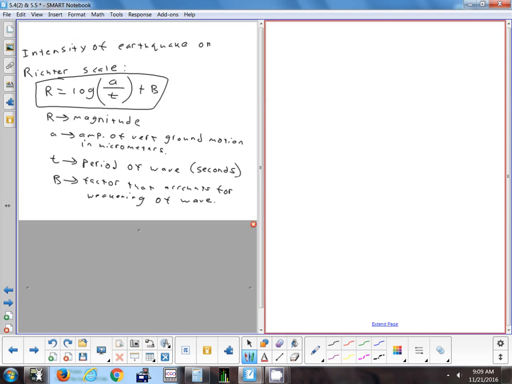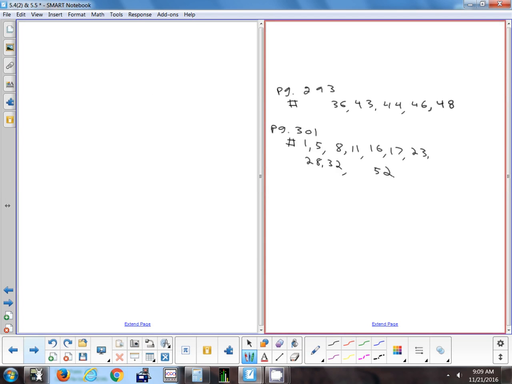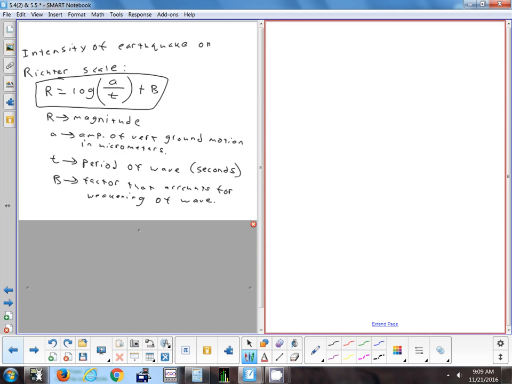And a problem you might see, like number 52 in the homework. I'm just going to put it up and show you how you'd have to do it. They say, what is the magnitude on the Richter scale if A is 250, T is 2, and B is 4,250?